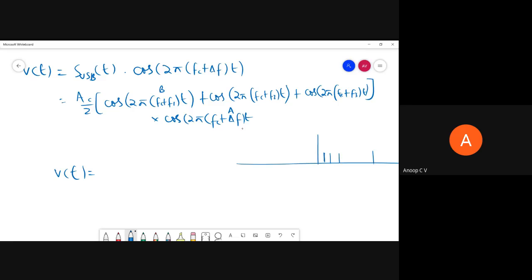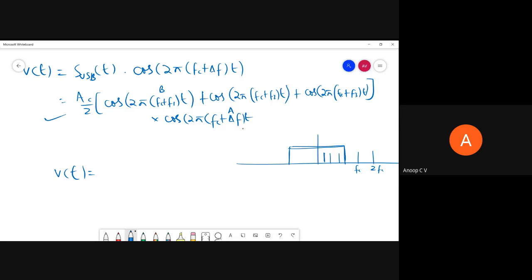Also the fc term will be there too. fc plus something will be there, 2fc plus something will be there. If you expand this, you will have these terms. But finally you will be passing it through a filter which will allow only, say, less than fc, or only message components.